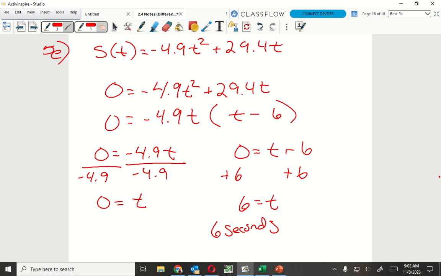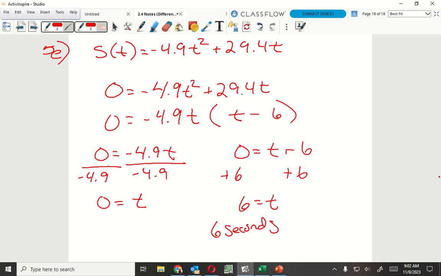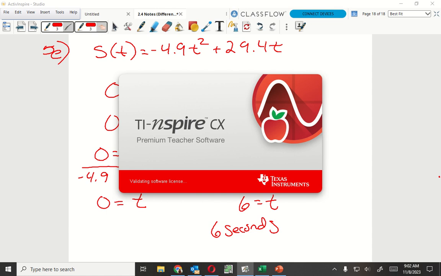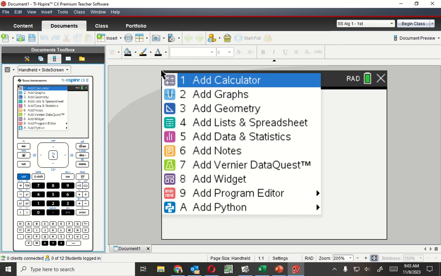Now I'm going to show you how to do this in the calculator, and it's going to help you out often. For those people that bring their calculators to class or even take them out during class, how dare you?